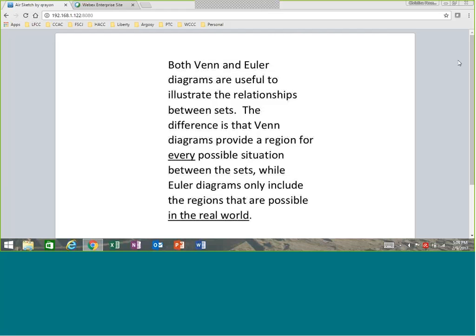So in the Venn diagrams, no matter the situation, if you have two circles or three circles, they're always positioned the same way. But Euler diagrams are positioned in such a way that matches the situation that we're looking at. So there's only the regions in the picture that go along with that particular situation. So the Euler diagrams can change from situation to situation.